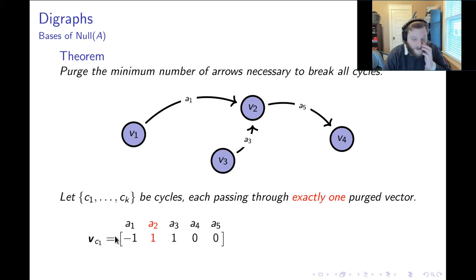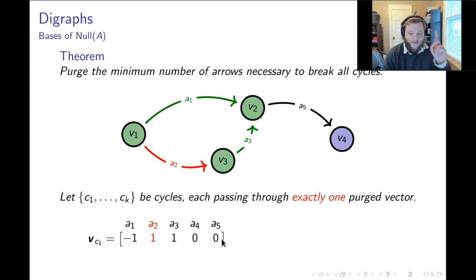So here is a cycle vector that passes through the arrow A2 that we just dropped exactly once. So this is the cycle that goes through A2, then through A3, and then against A1. Numerically, we represent that cycle with the vector -1, 1, 1, 0, 0.